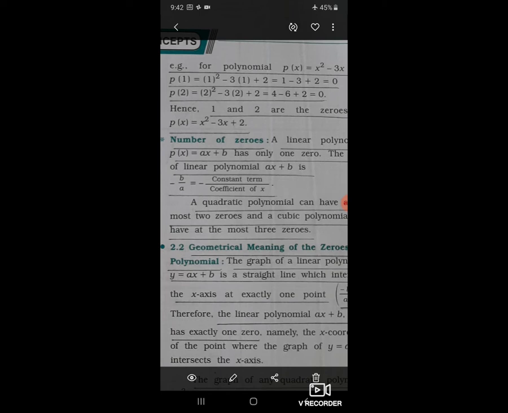Now, in basic concept, we are going to learn a second topic: geometrical meaning of the zeros of a polynomial.